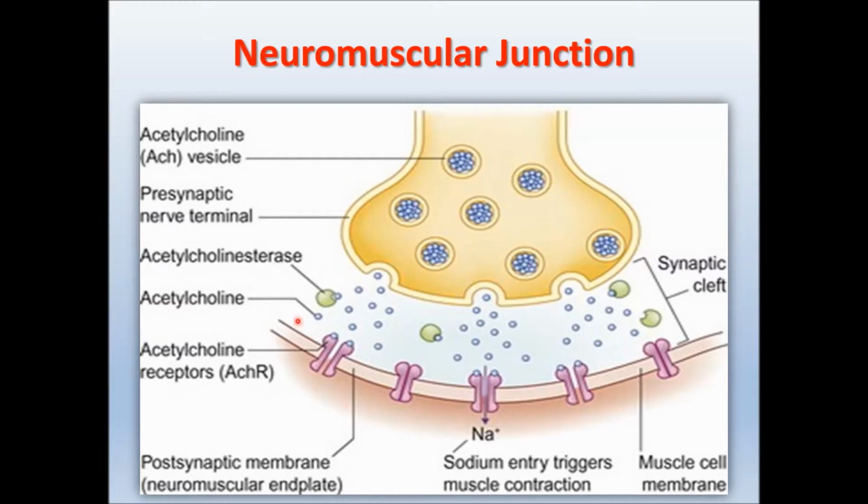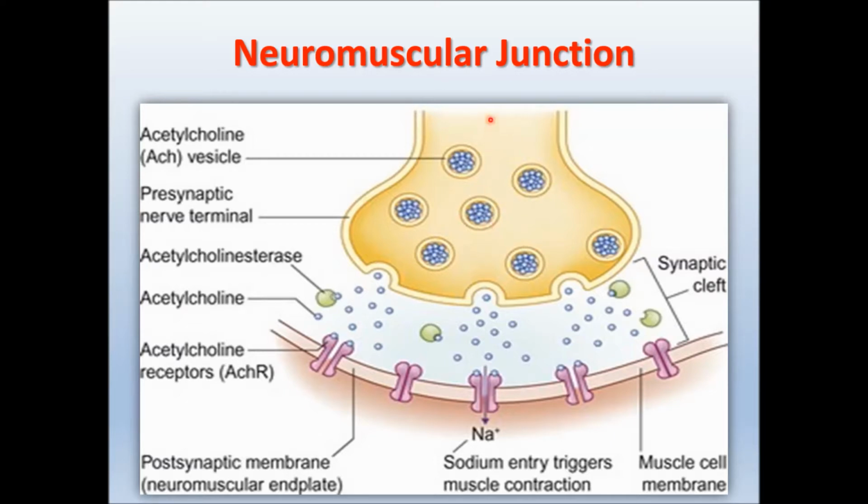Then quickly, acetylcholinesterase that is present in the synaptic cleft will react with the acetylcholine, causing its removal from the acetylcholine receptors, hence rendering it possible to re-excite again by another nerve impulse with the same process.